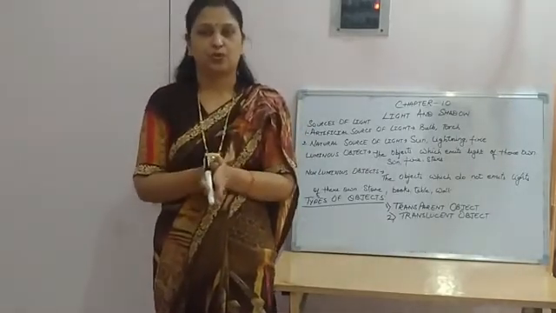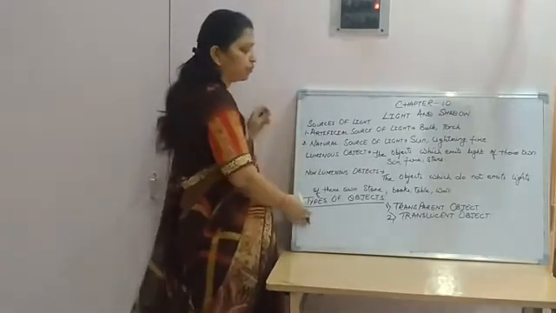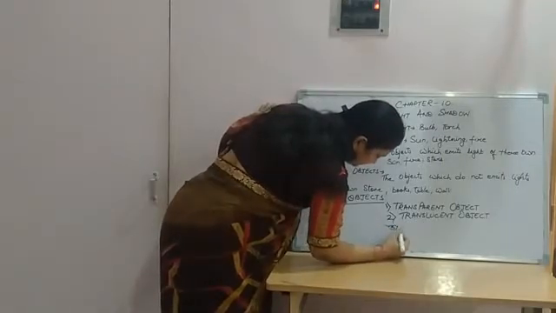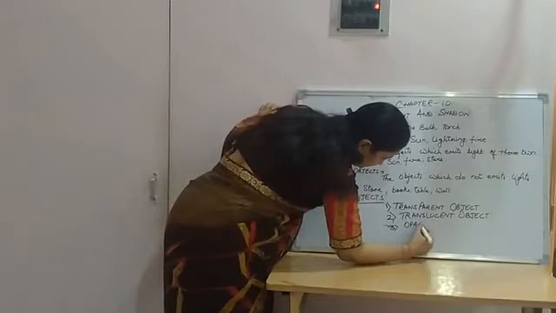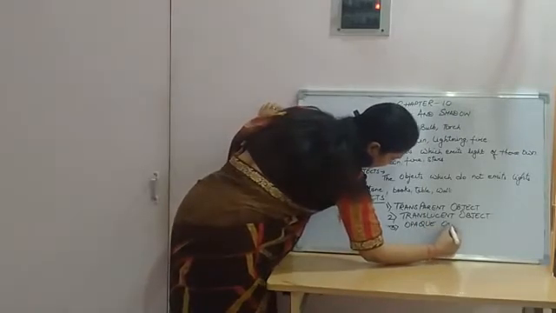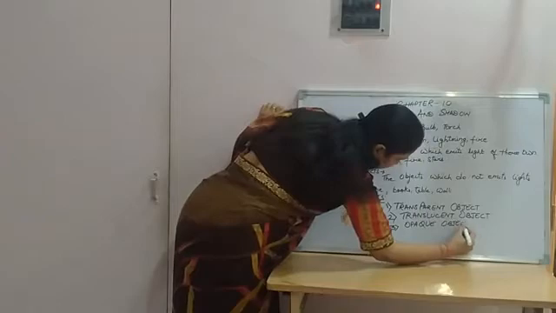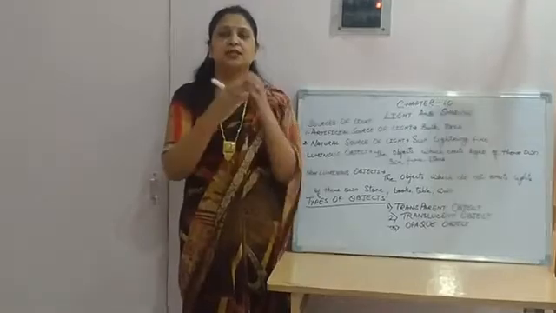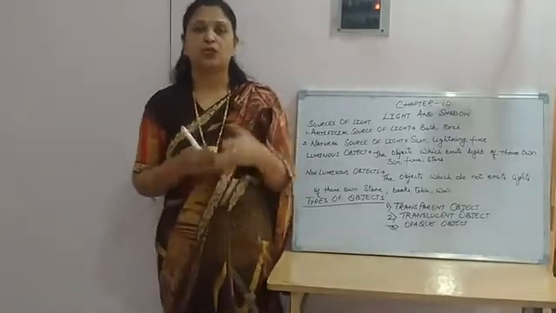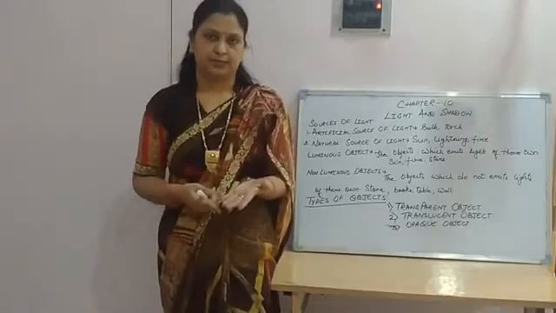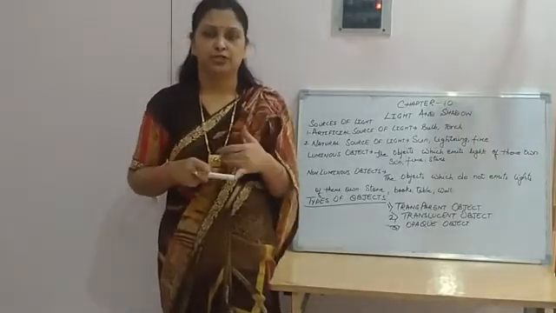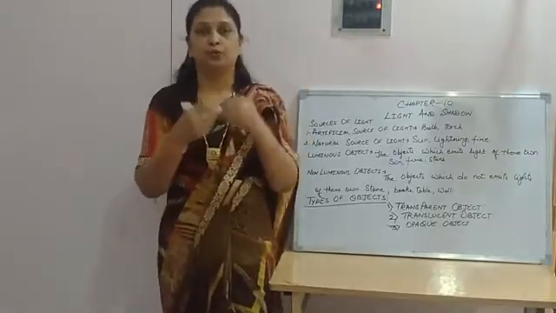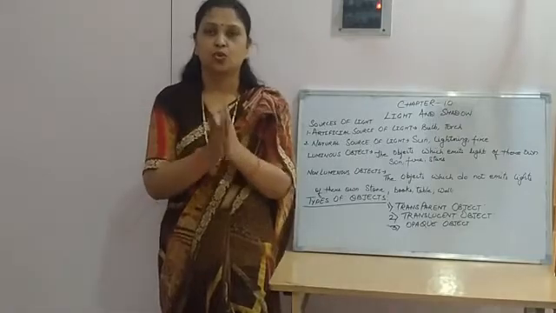Then opaque object. The third type of object is opaque object. Opaque objects are the objects that do not allow light to pass through them, like wood, your walls, your body, stone.